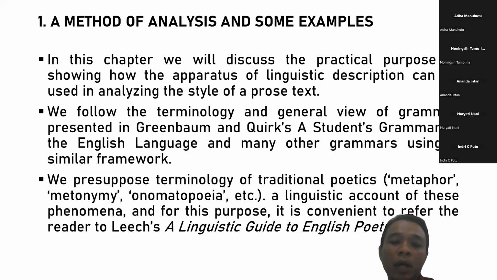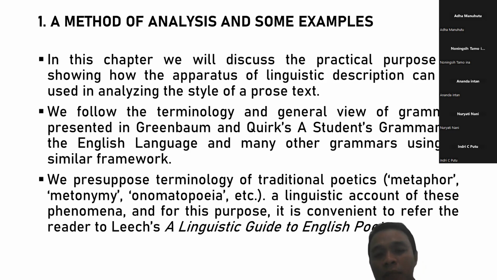And also we have the terminology of traditional poetics. It can be compared with the metaphor, metonymy, and onomatopoeia. A linguistic account of these phenomena and the purpose, in what we call here, referring to Leech, A Linguistic Guide to English Poetry.